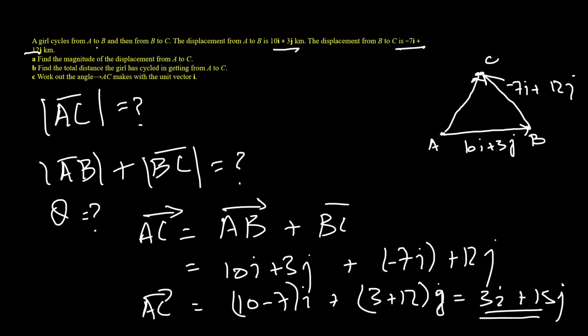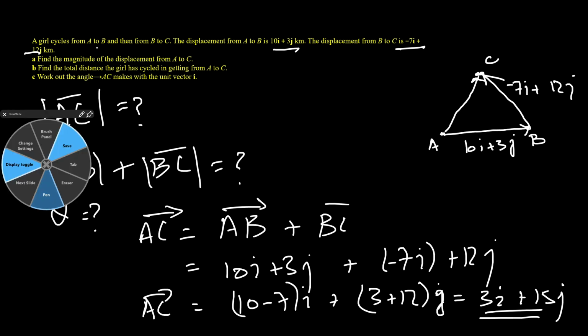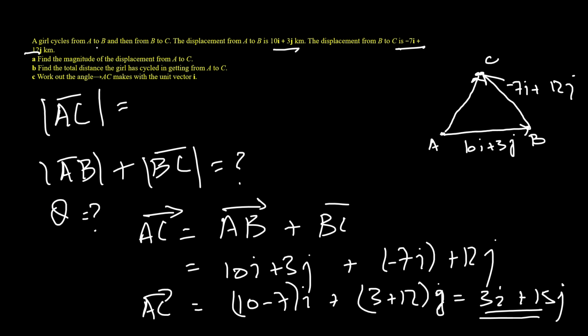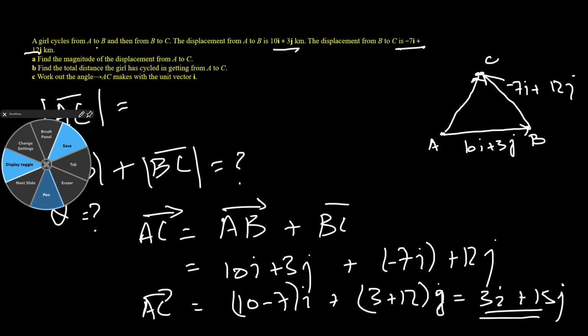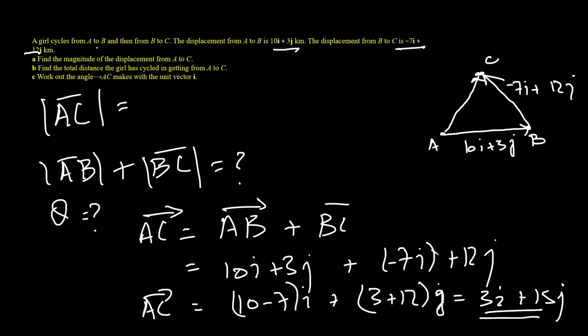We have to find the magnitude of this vector. We can very easily find the magnitude of this vector by using the Pythagoras theorem. The Pythagoras theorem applied to this vector AC will give the x component is 3, so 3 squared plus 15 squared is 9 plus 225, which is 234.